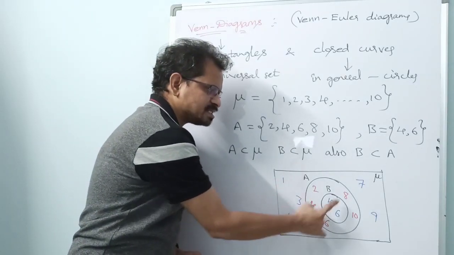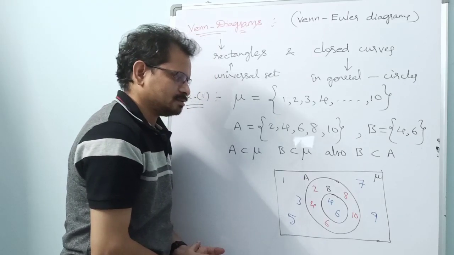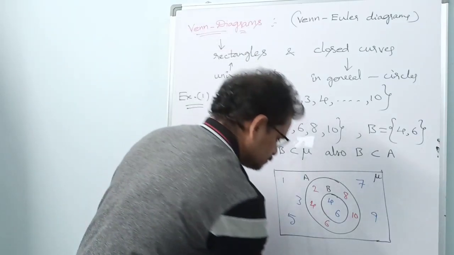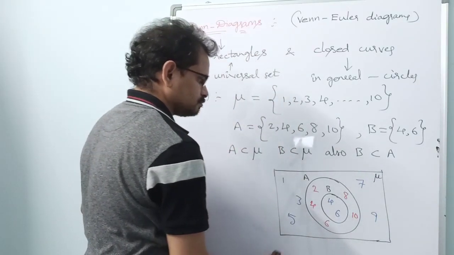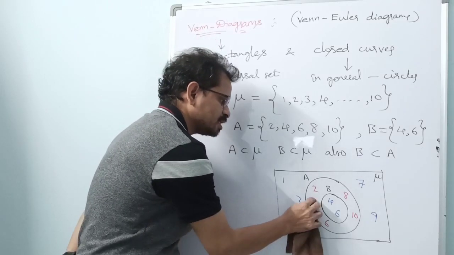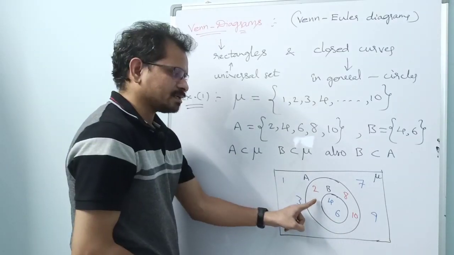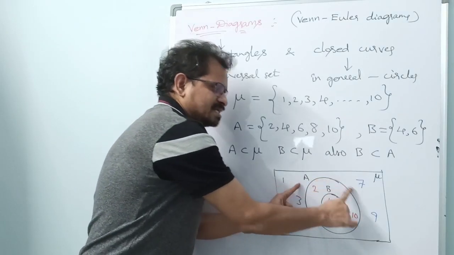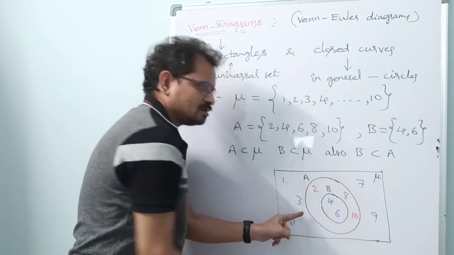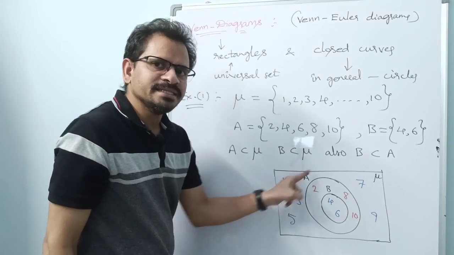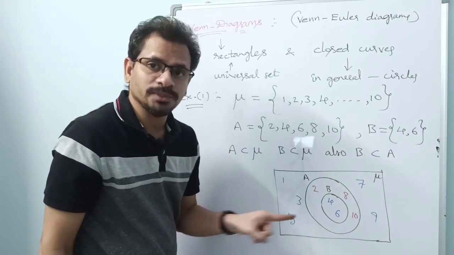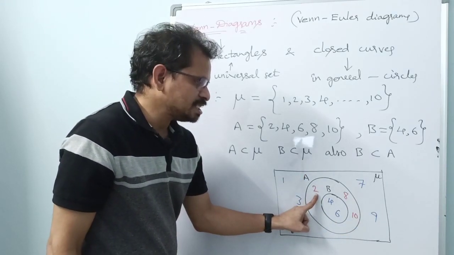2, 4, 6, 8, 10. Sorry. Here 4 is not required, 6 also. See here. What are the elements in set A? This is set A, no? So all the elements in this circle will belong to A. 2 is there in the circle?